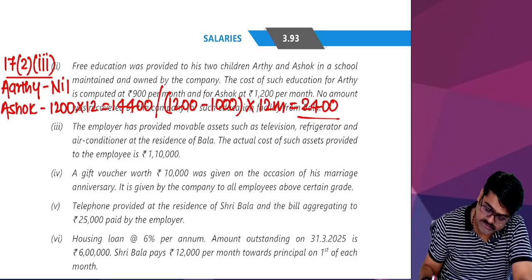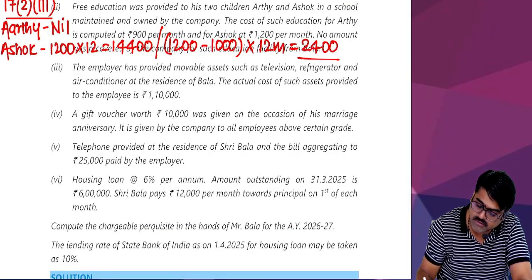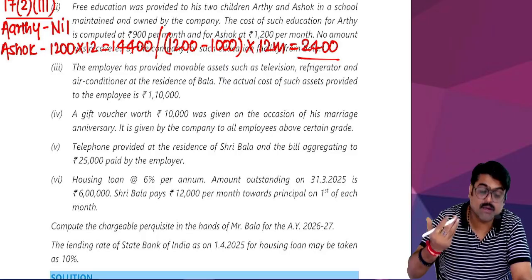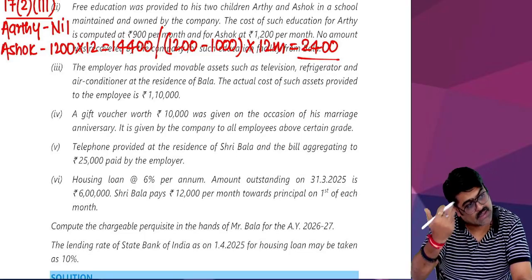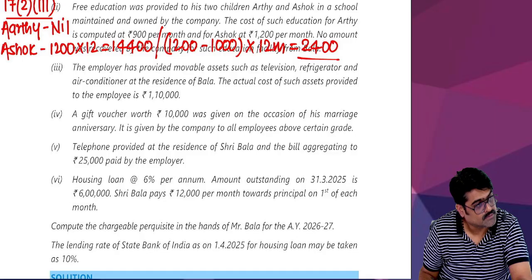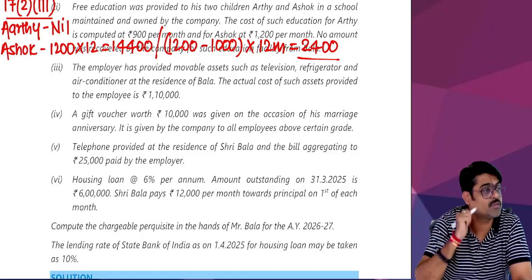Okay. Next one. The employer has provided movable assets such as television, refrigerator, air conditioner at the residence, meaning not permanently given to the employee, but provided at the residence for use.